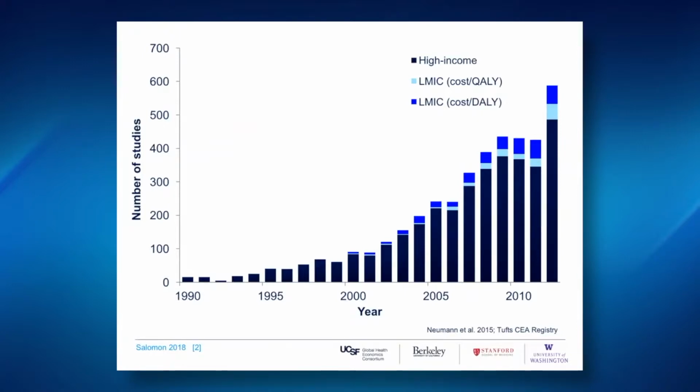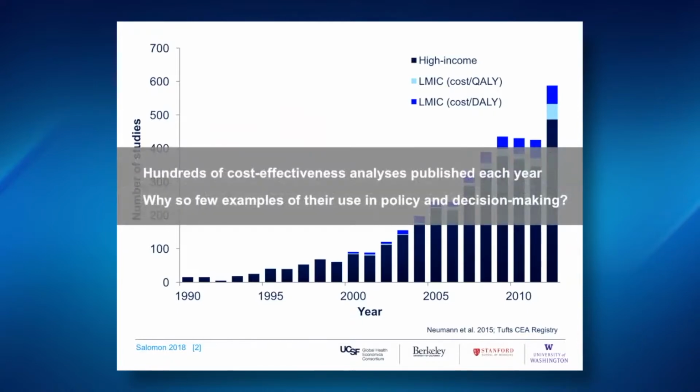And I've split out the high-income versus the low- and middle-income country, but kind of growing numbers in both cases. But you're hard-pressed to find too many examples of all of these analyses actually translating into changes in policy. And that's especially true outside of rich countries where there are some examples. And so a question that has been motivating me over the last several years is why this contradiction?